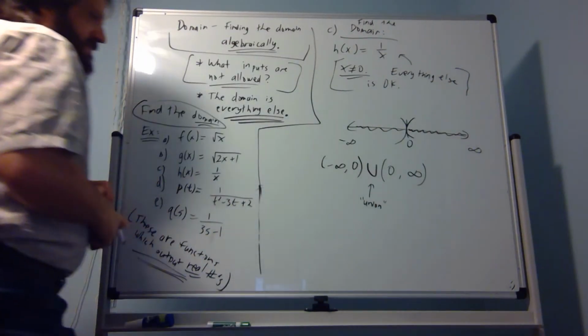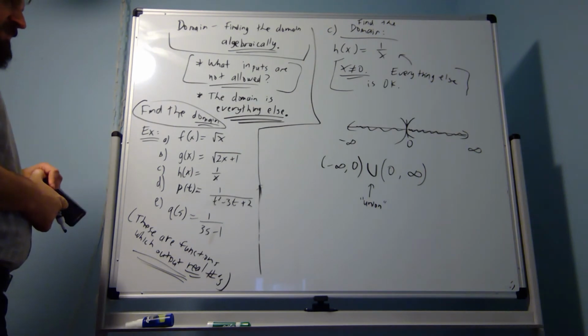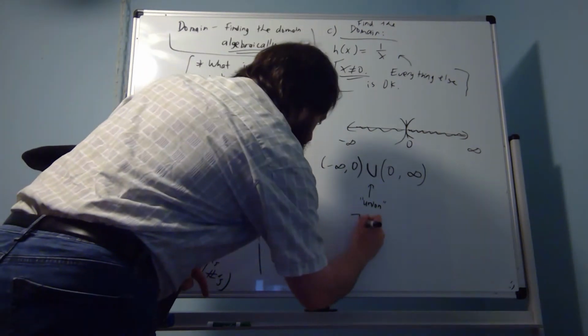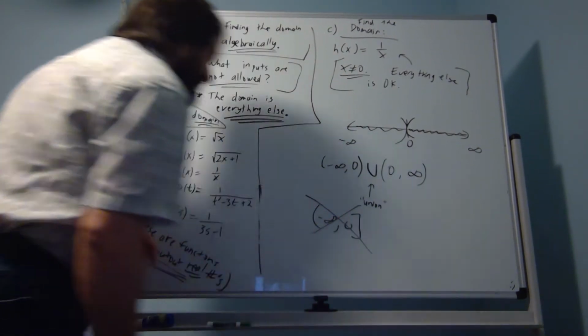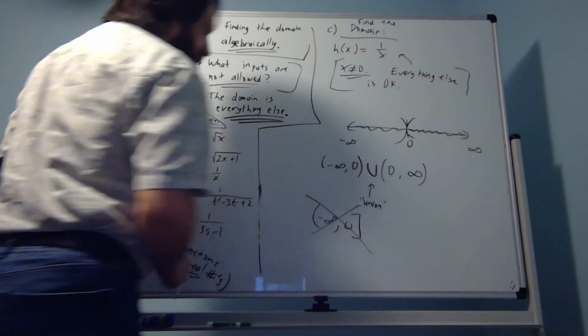In mathematics, you just take everything to the left of 0, but not including 0. You don't include 0 in the left part, and you don't include 0 in the right part. And that's the answer to C, right there.